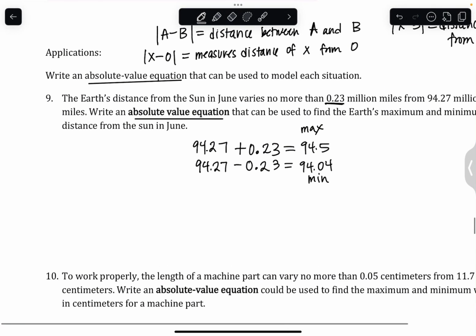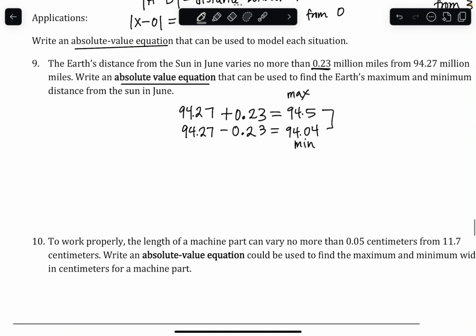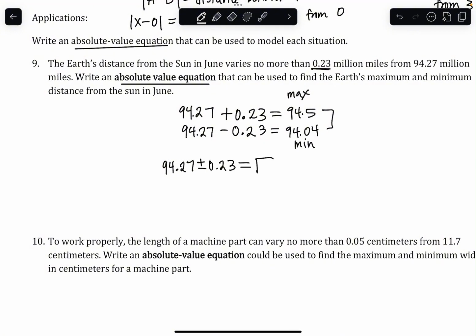Okay, and so the goal of this problem is to write an absolute value equation that can be used to find these values. And so think about what we did. We started with 94.27 and we added and subtracted the 0.23 to get our max and minimum distance. Okay, and so we can think of that max and minimum distance, that value we want to know, as x.